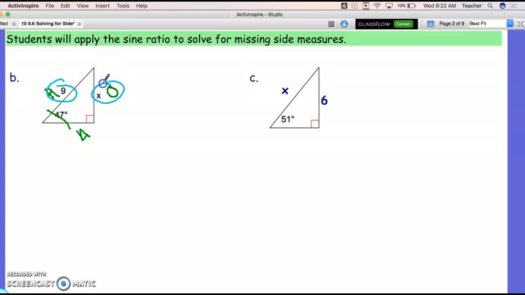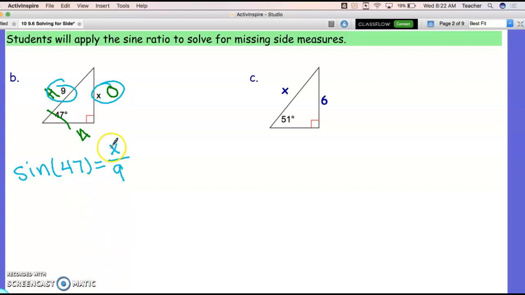I'm trying to figure out the opposite, so that tells me again, we're going to be using sine. So the angle goes with the sine. So the sine of 47 is equal to the opposite side over the hypotenuse.